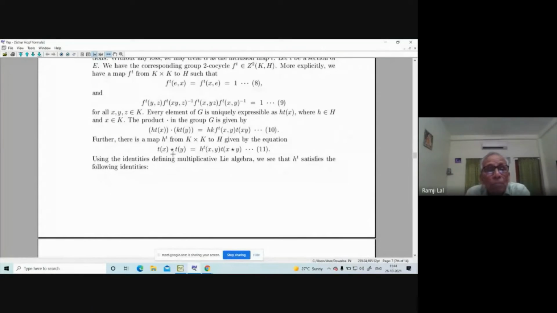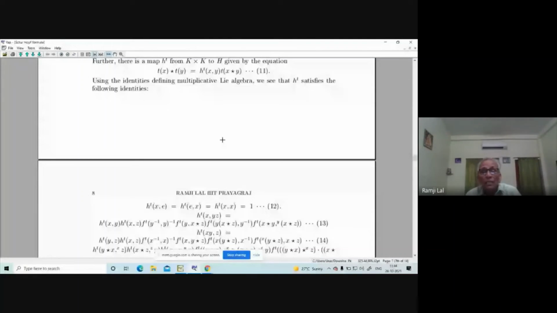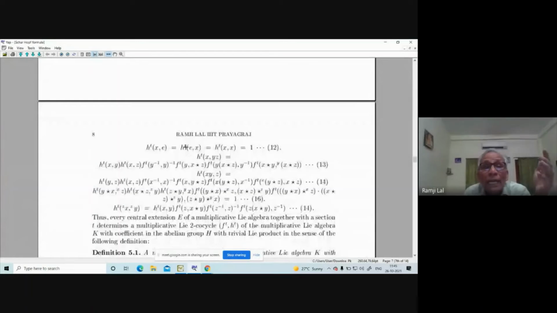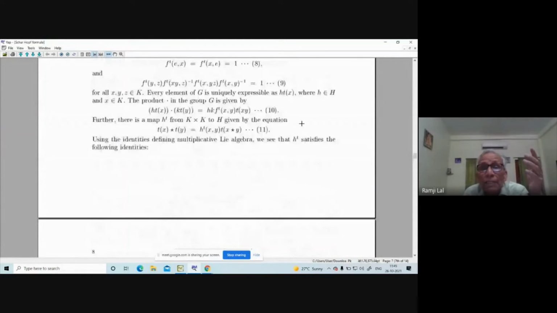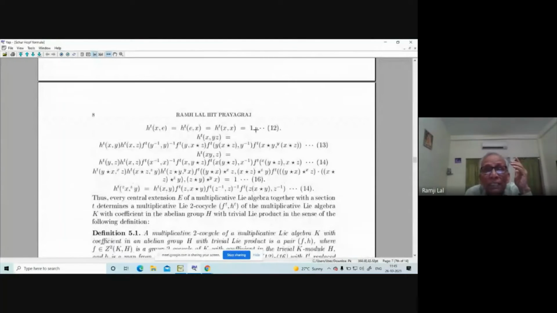But now, so far as the star is concerned, the things change. Further, there is another map HT. So not only the cocycle FT, we have another map, apart from the cocycle, HT from K cross H to this, which is given by the equation this. Looking at the different identities which are satisfied by the commutator, by the defining relations, the defining conditions for the multiplicative Lie algebra, if we go into that and use this element suitably and do some computations, then we shall arrive at these identities which are satisfied by the function HT.